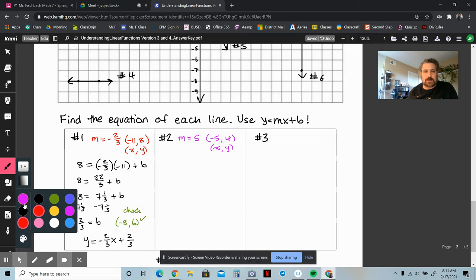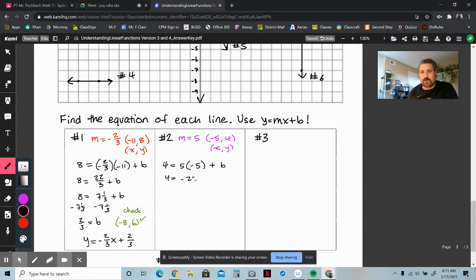So now all we got to do is take this and plug it into y equals mx plus b. So we know the y value 4 is equal to the m value 5 times the x value of negative 5 plus whatever the y-intercept is, wherever it crosses the y-axis. Well, that's going to be 4 equals negative 25 plus b. You add 25 to both sides to solve for b.